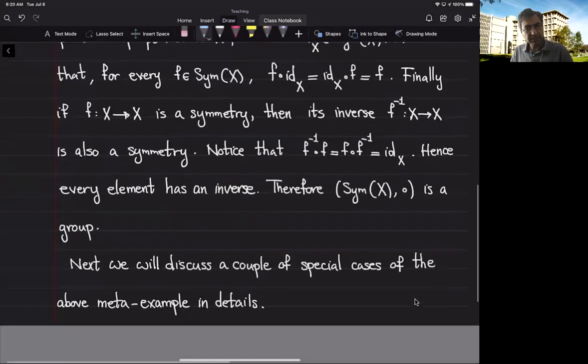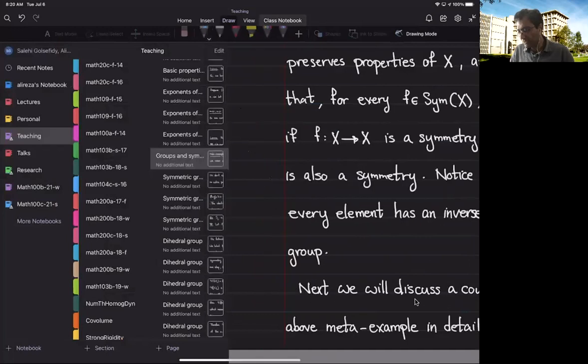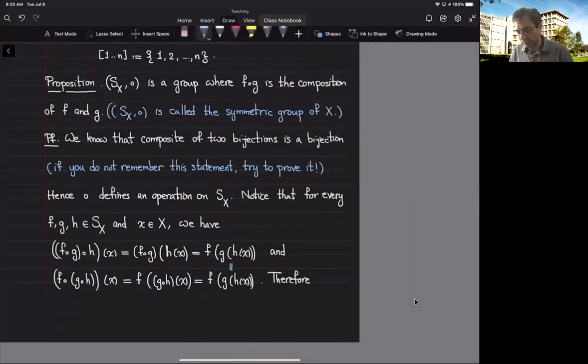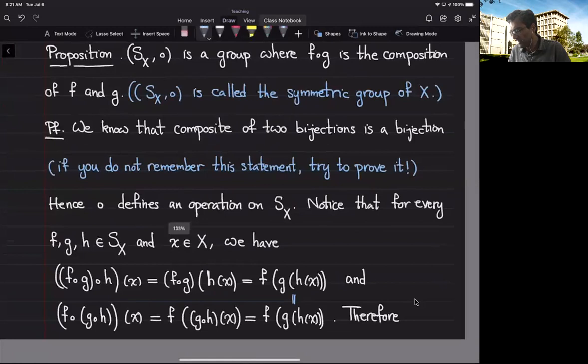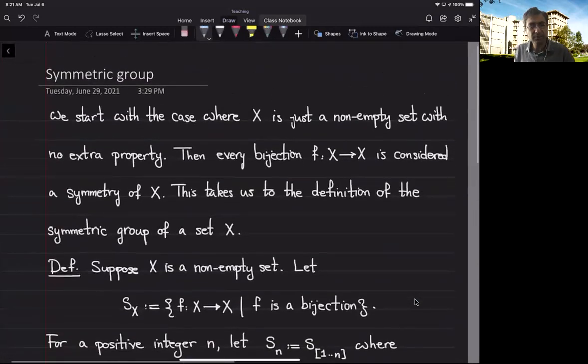Okay, now let's look at specific examples and see what we can say about the structure of the groups. So here is the initial example where we don't put any particular structure on X. X is just a set, just a non-empty set.